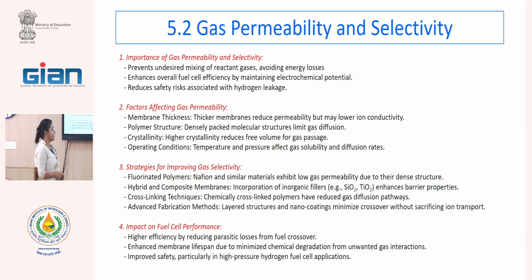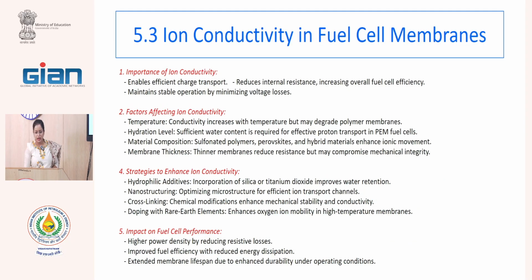We can have cross linking to reduce the diffusion pathway. They should be straight channels, so cross linking can be helpful in that case. We can have inorganic filler in order to channelize the transport. We can have advanced layer by layer structure or nano coating. Then they will have very good permeability, a balance between permeability and selectivity.